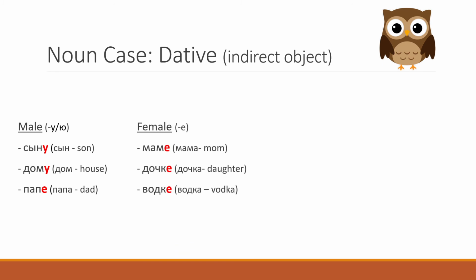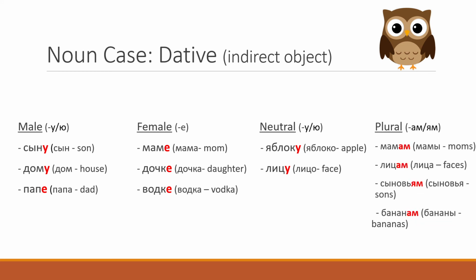Females, you add an e. Маме, дочке, водке. Neuter, same as male. U, sometimes yu. Яблоку, лицу. And plural, it's usually am, sometimes yam. Мамам, лицам, сыновьям, бананам.